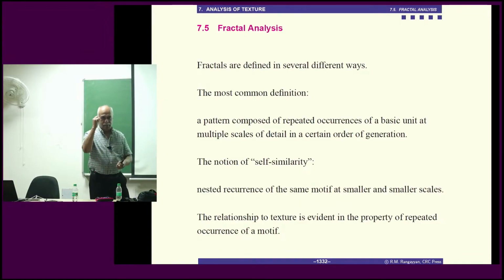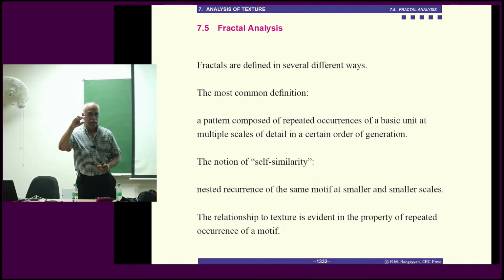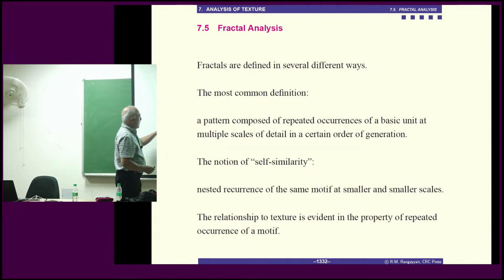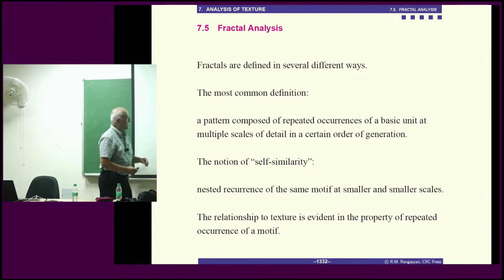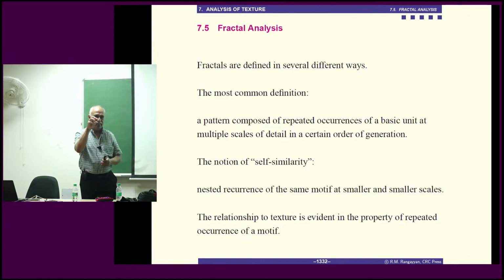The same pattern or motif appears, but at multiple scales and in a certain ordered pattern. It is also seen as a nested recurrence of the same motif at smaller and smaller scales. Nesting is when one goes inside another, but sometimes it might not be going inside, but they are placed in some order.